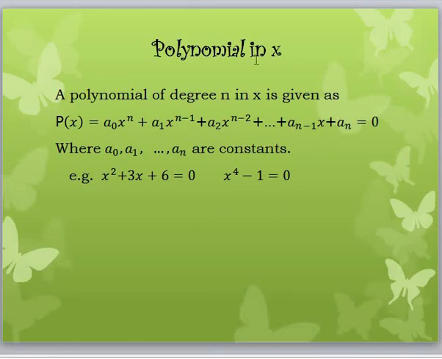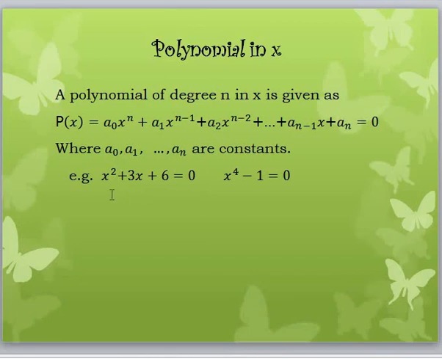So how does a polynomial look? A polynomial of degree n in x is given as p(x) equal to a0 x raised to n plus a1 x raised to n minus 1 plus a2 x raised to n minus 2 plus ... plus an minus 1 x plus an equal to 0, where a0, a1 and an are constants.